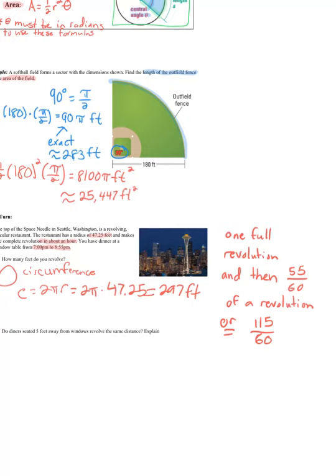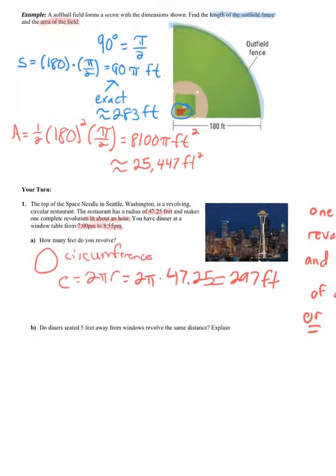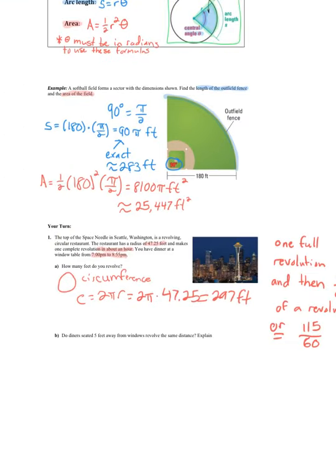So the arc length for the second revolution is that same 2 pi times 47.25, except instead of 2 pi, which represents the full circle, I want to multiply by 55/60ths, and I end up getting something like 272 feet.